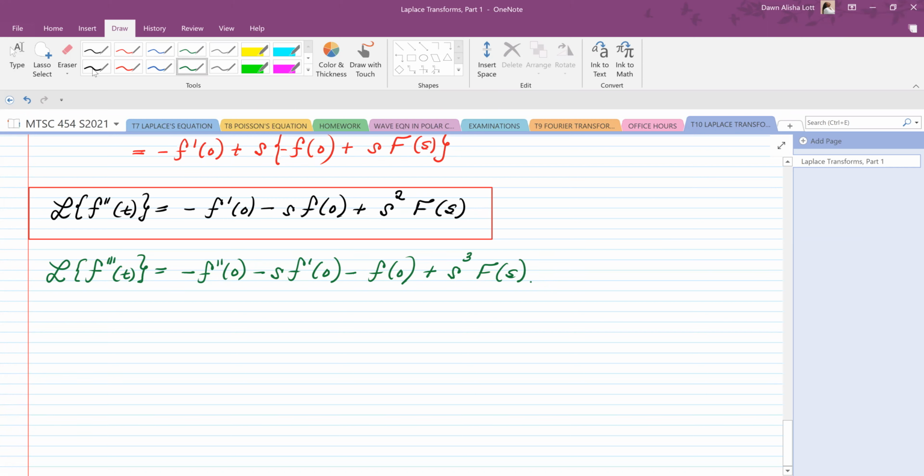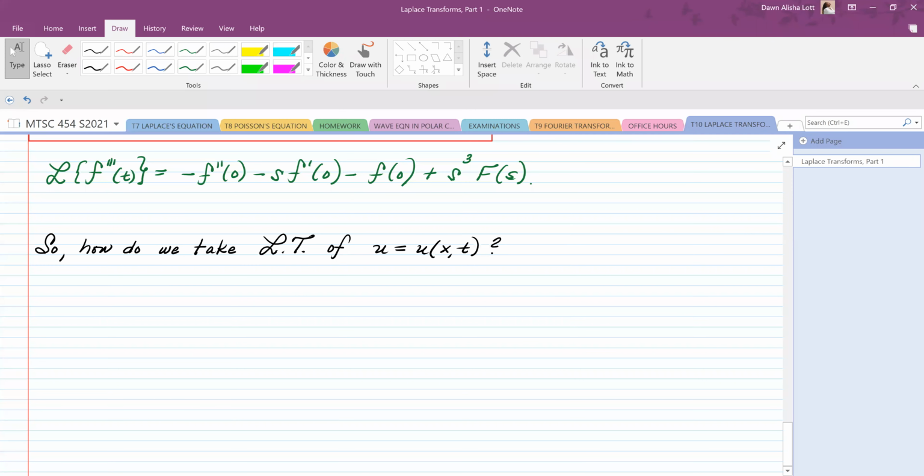So how do we take the Laplace transform of a function of two variables? Well, the Laplace transform is on t, so we're not going to worry about the x.